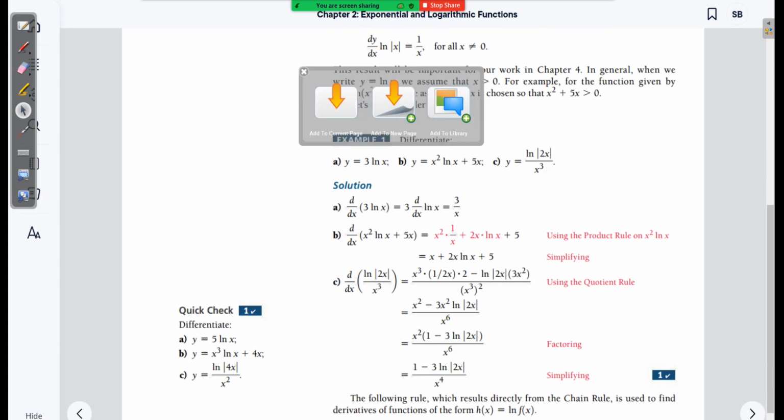Starting off with example one, A seems to be pretty easy, right? This is just y is equal to 3 times the natural log of x. Well, we can simply split that up into 3, and then the symbol here just basically means take the derivative of, right?